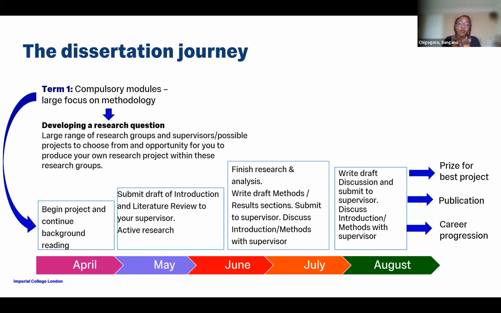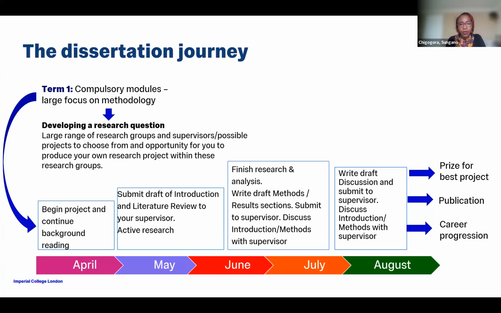The dissertation journey formally begins in April, but you will have begun to potentially develop a research question on research methods or independently with potential supervisors as well. In term 2, you take electives that support that project. And then from April onwards, for that 4-month period, you will be completing the project. So begin the background reading.